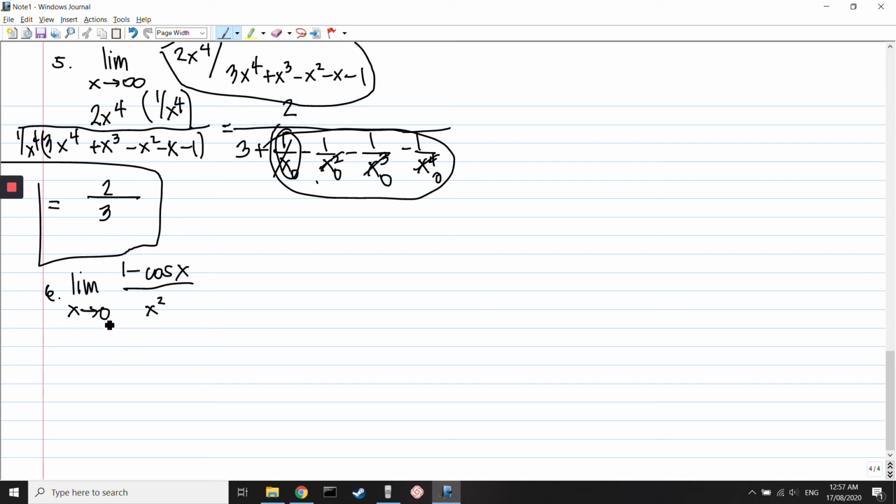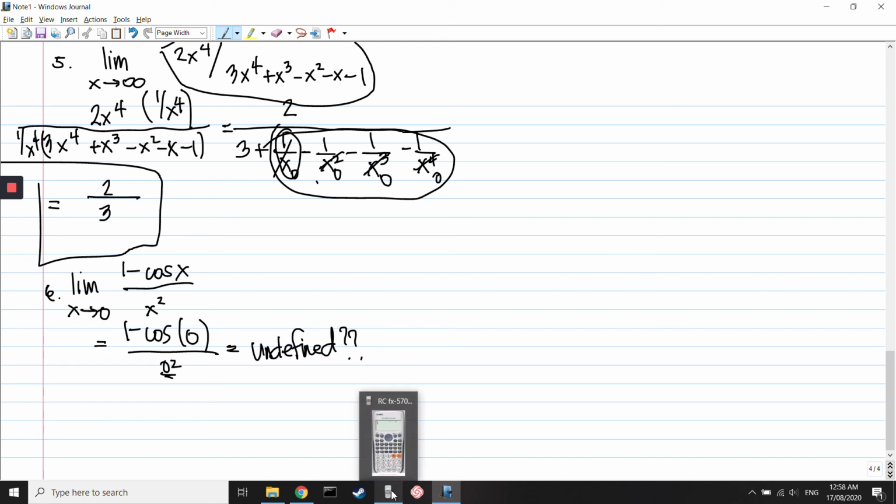But first, this will be rewritten as 1 minus cos 0 over 0 squared. But again, this value is undefined. I'll show you how to calculate this kind of limit problem.